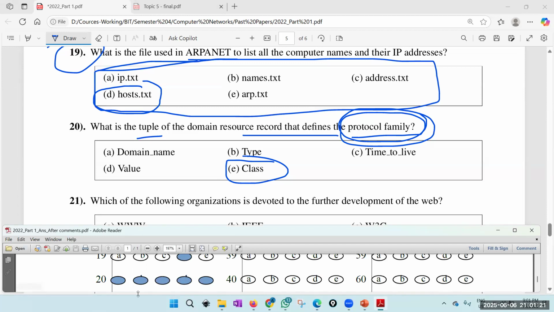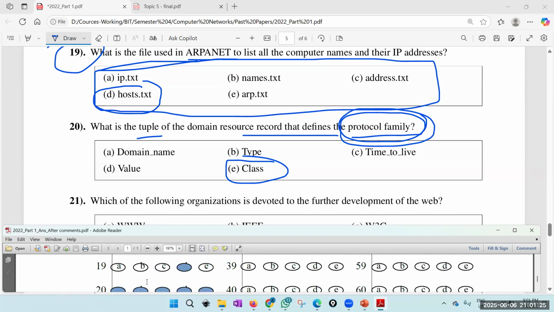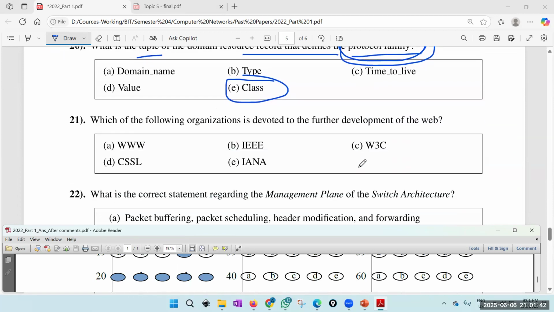Why is that? But usually the protocol family is determined by class. Maybe the examiner thinks that it is too fussy. Remember we discussed A record, AAAA record, MX record. Anyway, the examiner has given marks to all the students.